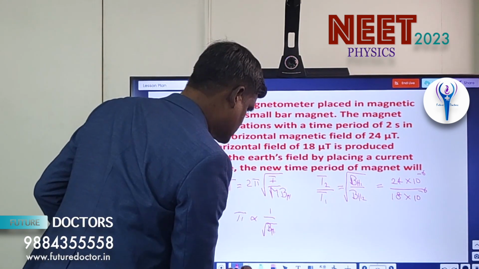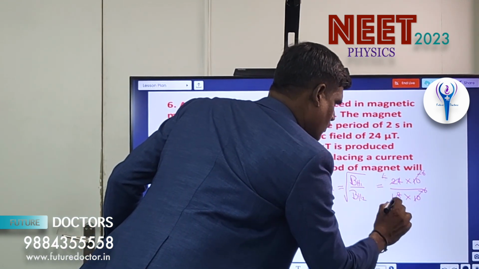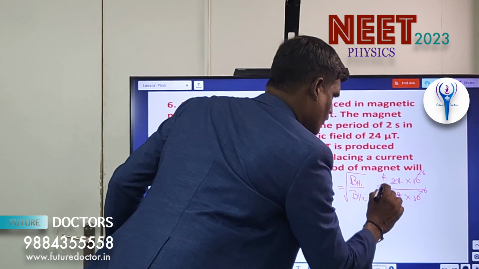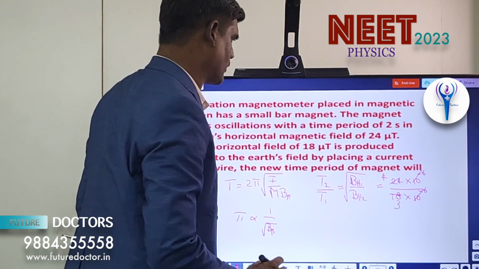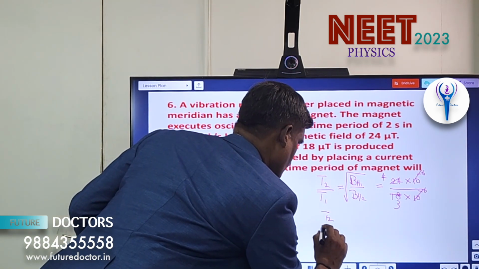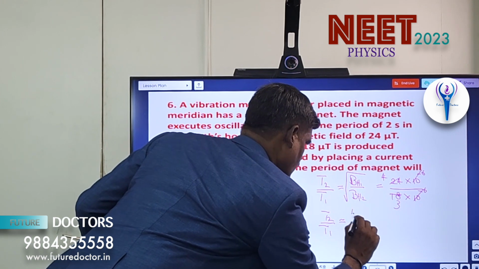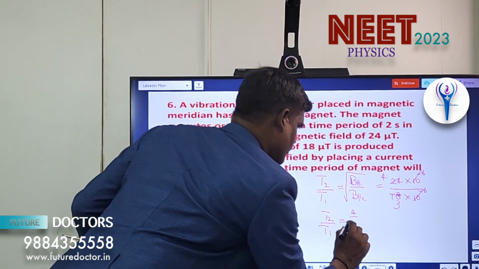The 10 power minus 6 cancels. And 6 fours are 24, 6 threes are 18. So 4 by 3. T2 by T1 is the square root of 4 by 3.